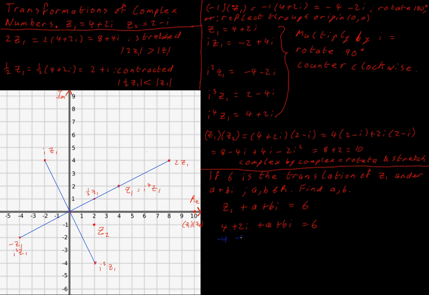Minus 4 minus 2i, minus 4 minus 2i. a plus bi is equal to 2 minus 2i, and then we go back to our old trick. Real is equal to real, imaginary is equal to imaginary, a would be equal to 2, b would be equal to minus 2. So if they talk about a translation of a complex number, it just means we're adding complex numbers.